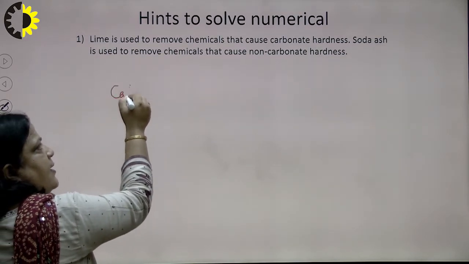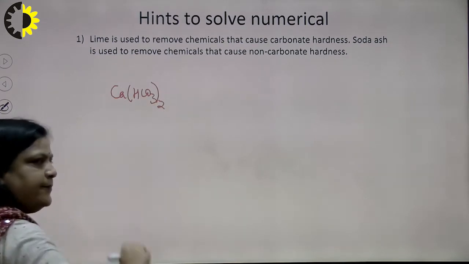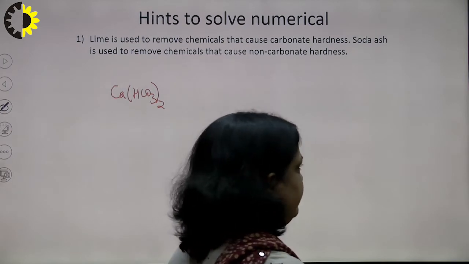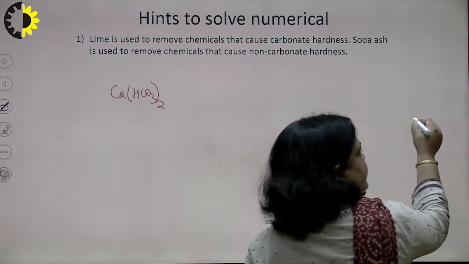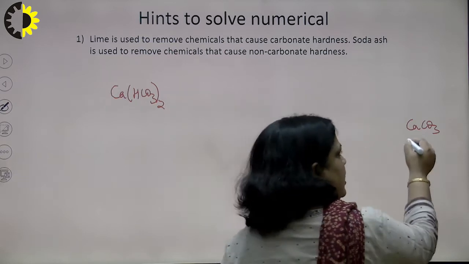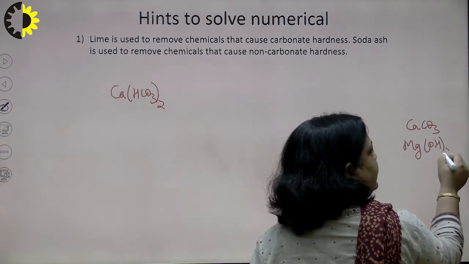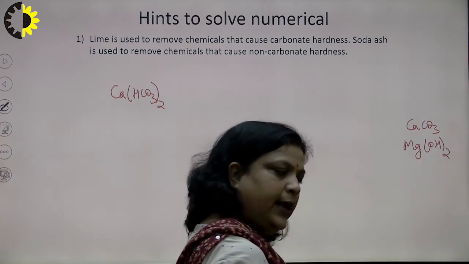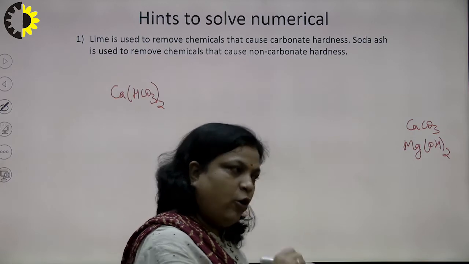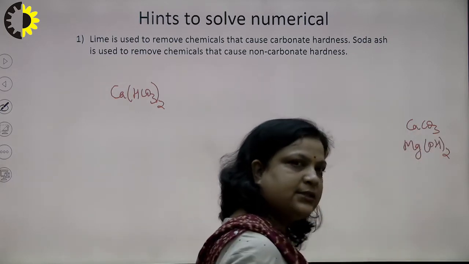If temporary hardness, that is calcium carbonate, is there, and we know that calcium always gets precipitated as carbonate, that is calcium carbonate, and magnesium always gets precipitated as magnesium hydroxide. It means if we play a treasure hunt, we always search for calcium with carbonate and magnesium with hydroxide.